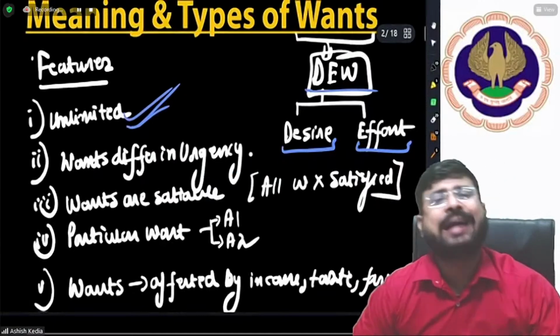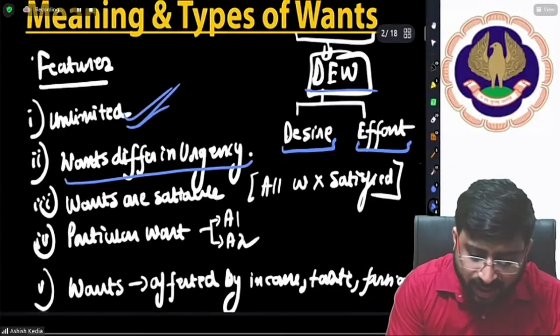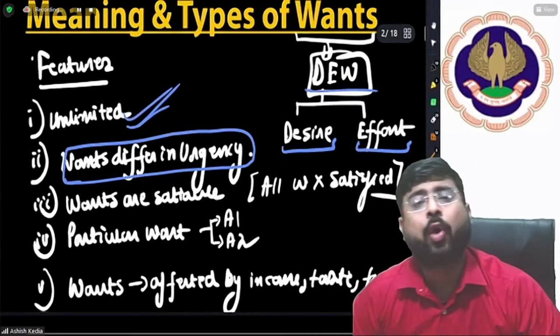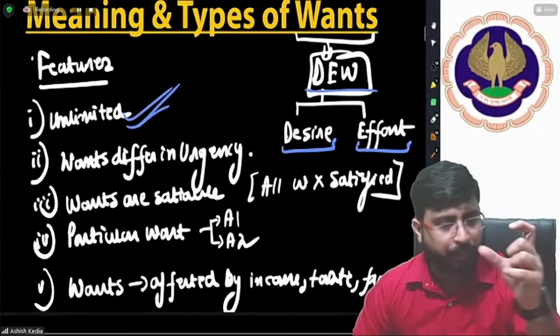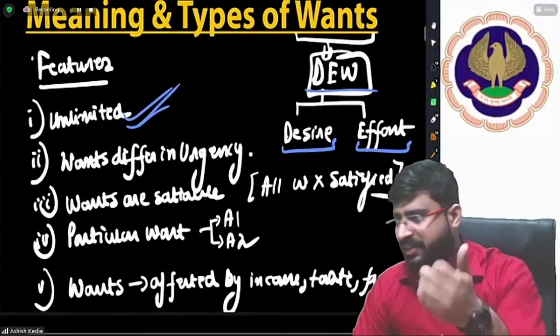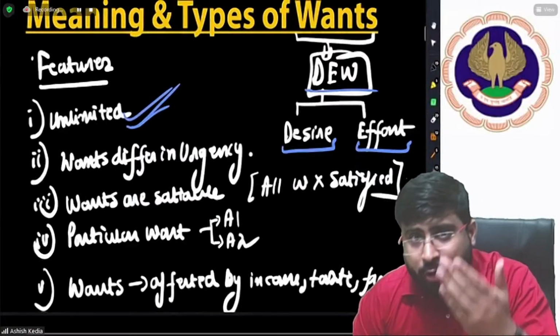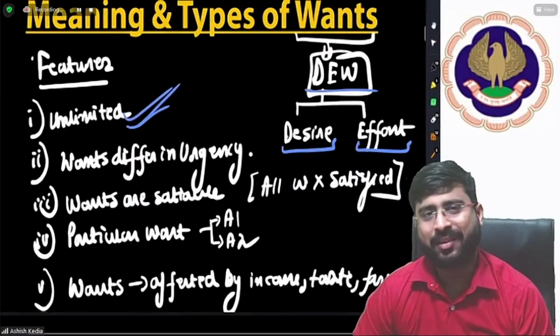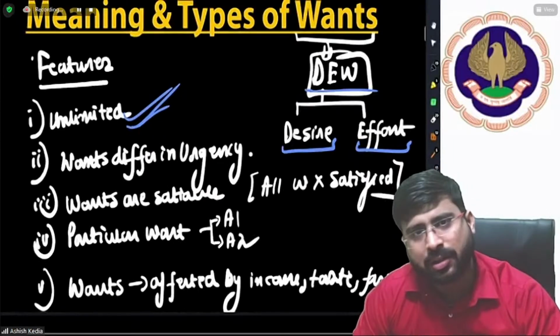So now moving on. The first one is wants are unlimited. Number two, wants differ in urgency. Yes, that is an important point. So suppose you have an exam tomorrow. So your most urgent want will be the notes that you will study. Suppose you want a PlayStation, a gaming station.